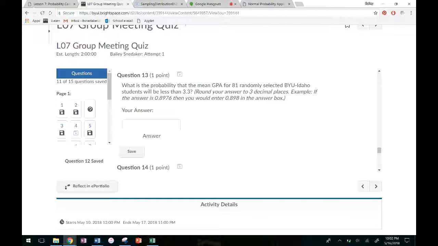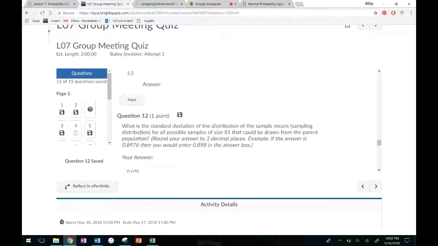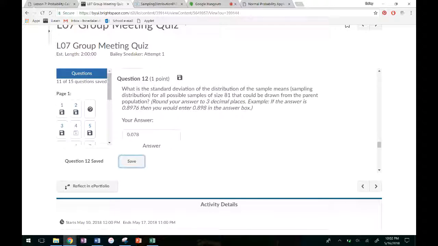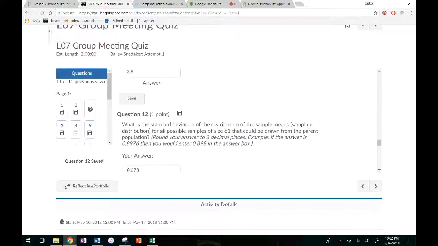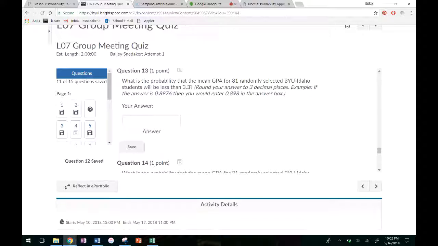Okay, what is the probability that the mean GPA for 81 randomly selected students will be less than 3.3? So now we need to find the z-score and then put it in the applet. Yep.